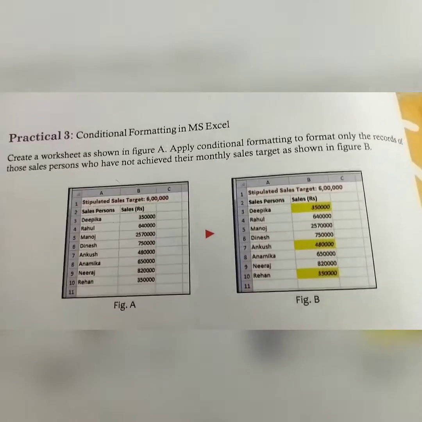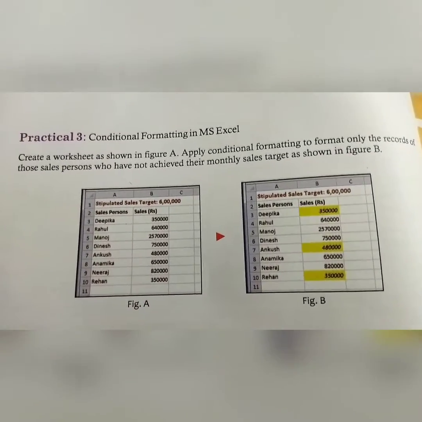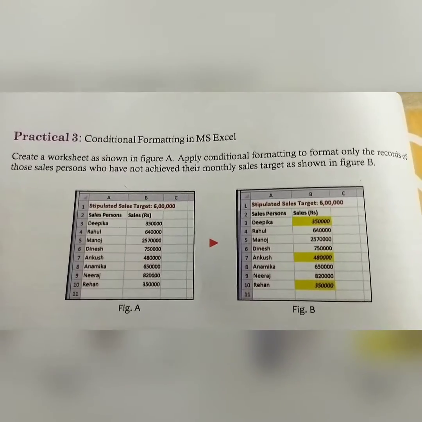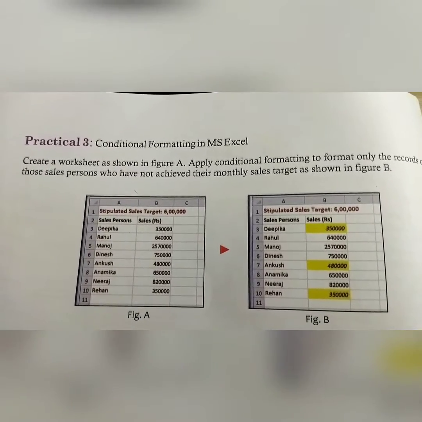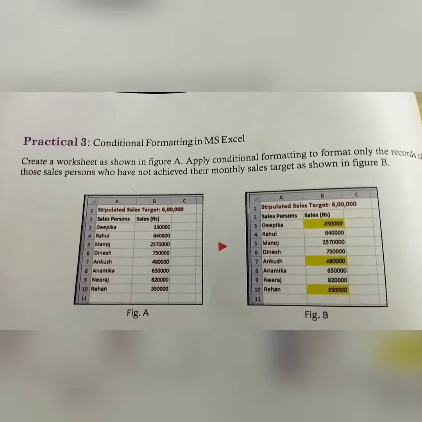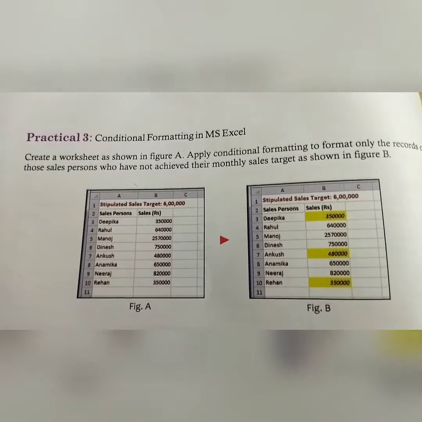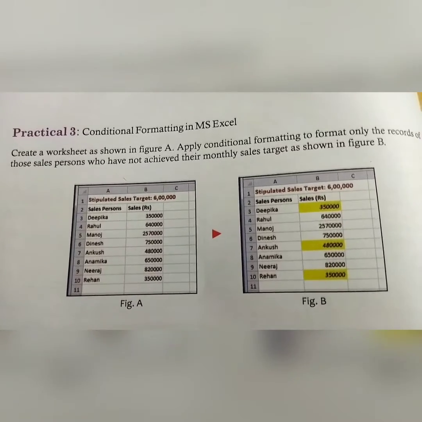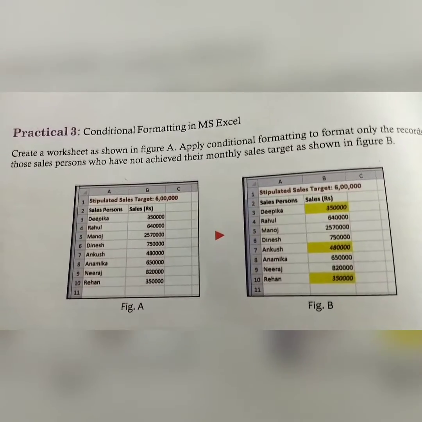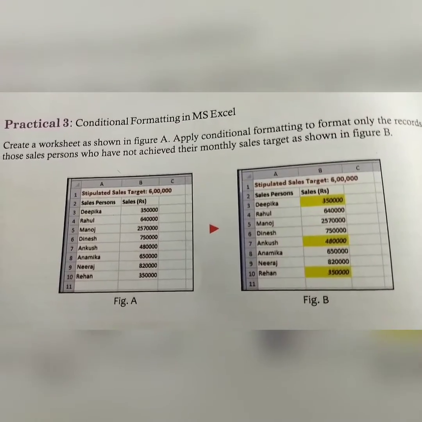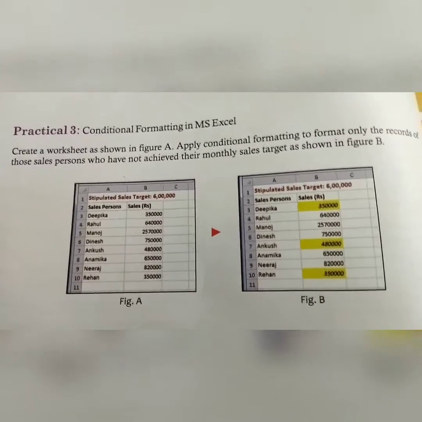In this practical, you can see I create a worksheet as shown in figure A. Apply conditional formatting to format only the records of those salespersons who have achieved their monthly sales target, as shown in figure B.